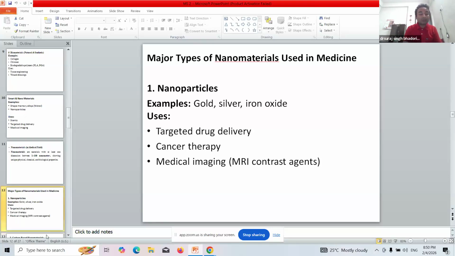Generally, these nanoparticles also play a major role for diagnostic purposes, not only for treatment. They are also used for the diagnosis of any particular disease condition. Nowadays in Western research, in New York, in the USA, in Belgium, in Singapore, Malaysia, they are focusing not only on synthesizing nanoparticles, which is not new.